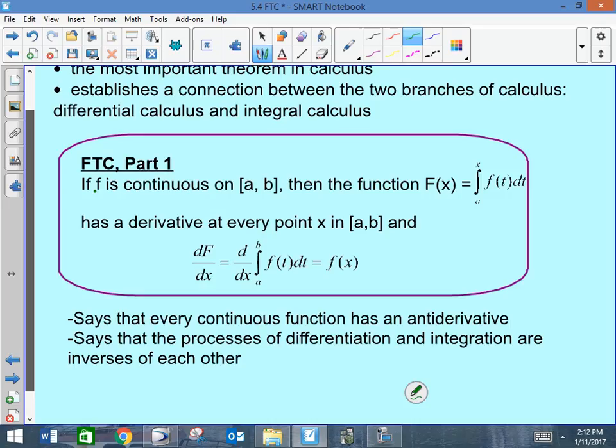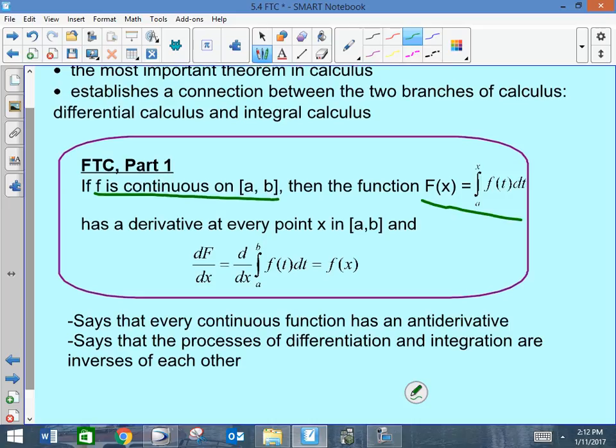If f is continuous on a closed interval, then big F of x equals the integral from a to x of f of t. As a derivative, it is f of x. Now, I know it's a lot: what does that even say?